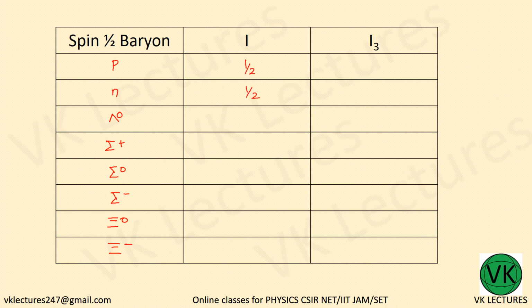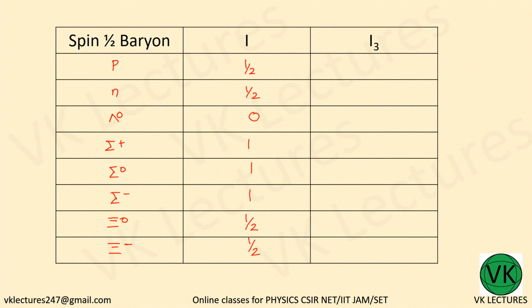Lambda naught has no isospin, so it is 0. Sigma plus, sigma naught and sigma minus is a 3 particle group, so it will have 1, 1 and 1 as the isospin. Since cascade naught and cascade minus are a 2 particle group, it will have half and half.